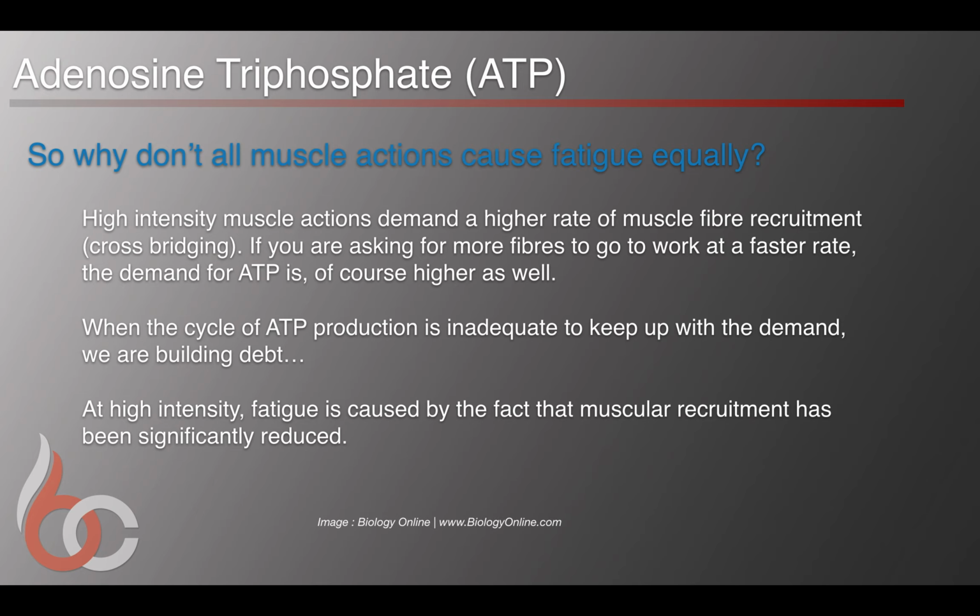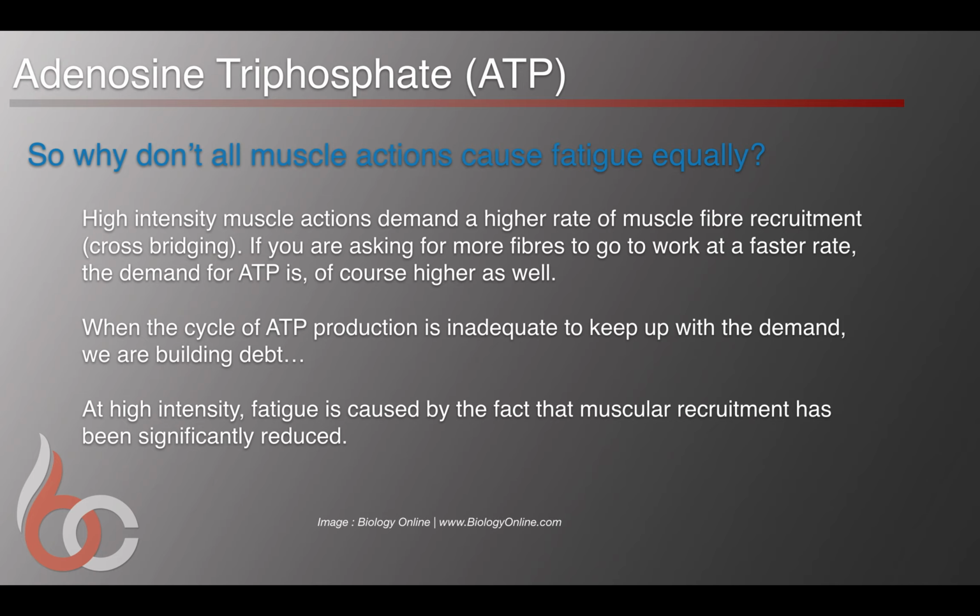And so if the cycle of ATP production now is inadequate, that means it's not happening fast enough to keep up with the demand for ATP production, we're going into debt. And some of those muscle fibers are remaining in their cross-bridge state, even though we'd like for them to release. We'd like for them to go back to being ready to cross-bridge again.